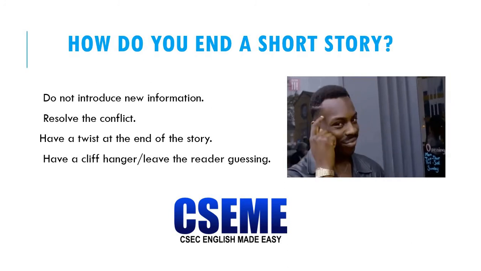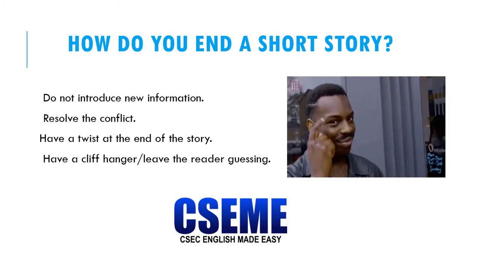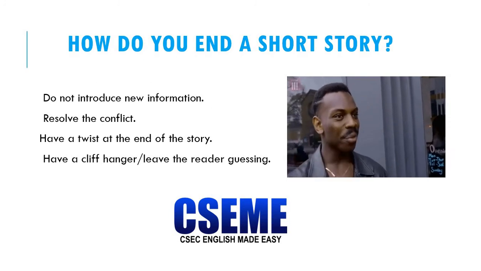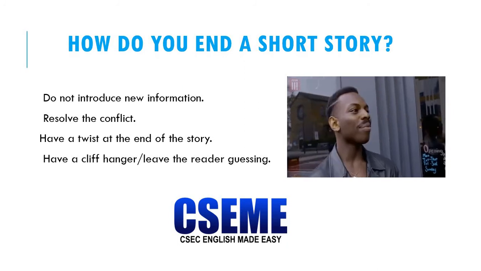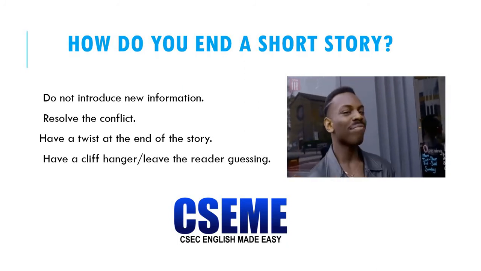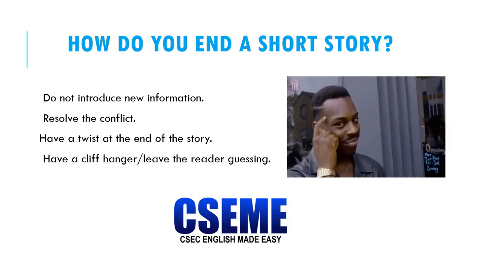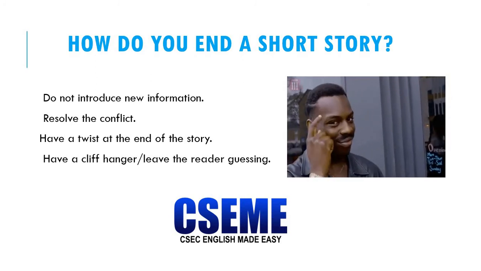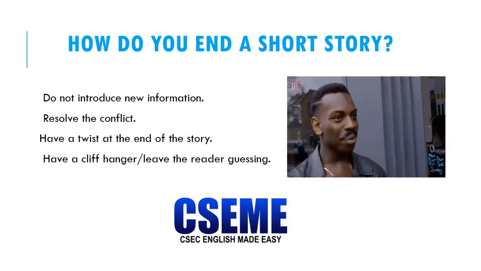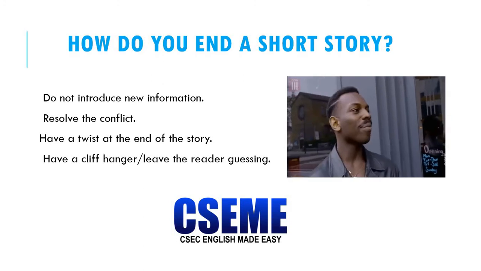In resolving your conflict, you can decide that you're going to have a twist at the end of the story, or you're going to have a cliffhanger, leaving the reader guessing. Now, in our second story, Marybeth and Harry, we see that at the end of that story, there's a twist.